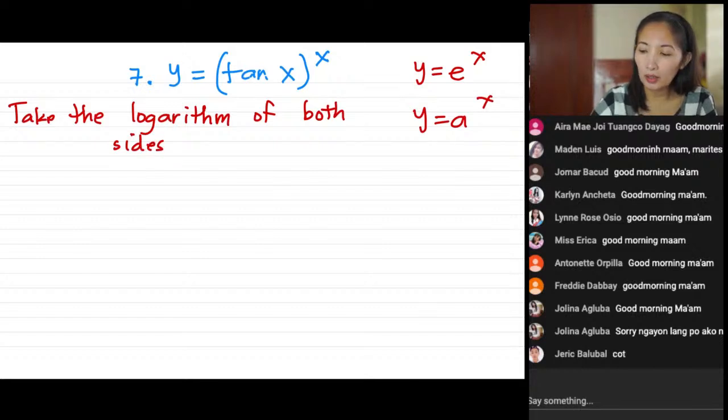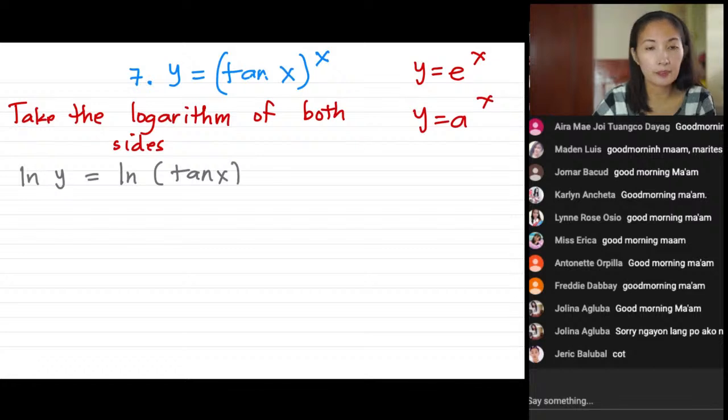We take the logarithm of both sides. So the logarithm of y, may we use the natural logarithm, ln? So ln of y is equal to the natural logarithm of tangent x raised to x.